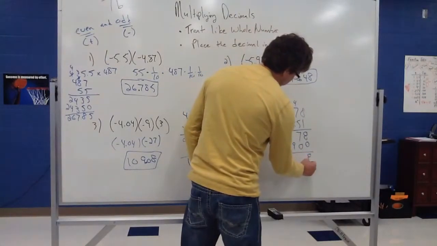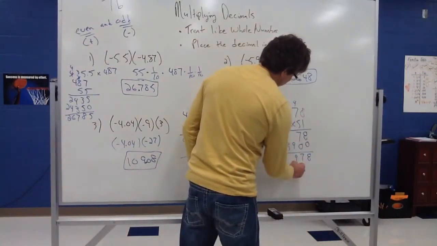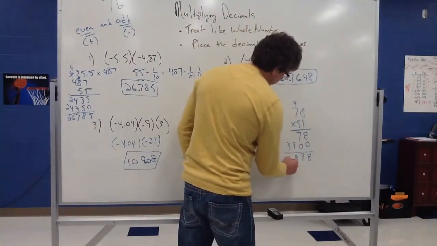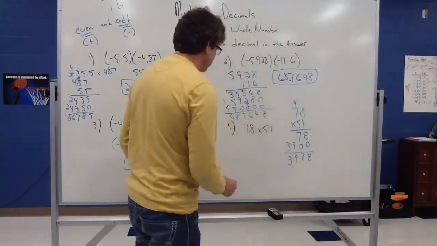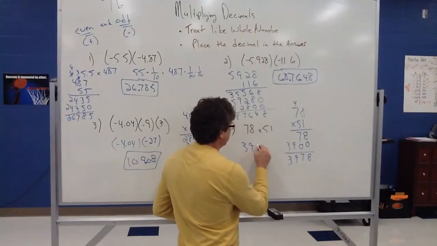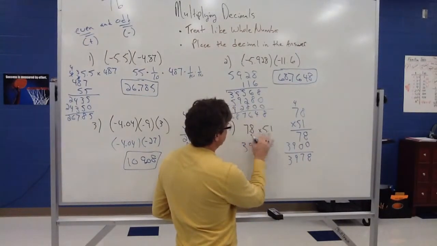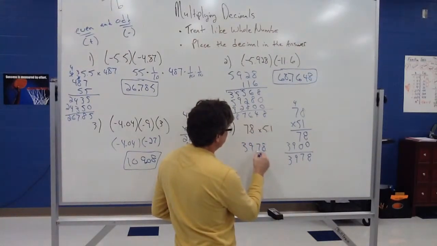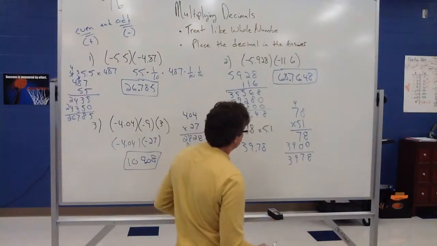So we have an 8, a 7, a 9, and a 3. So when I do this math, 3978. I lost two decimal places, so I'll put those back into the problem, 39.78.